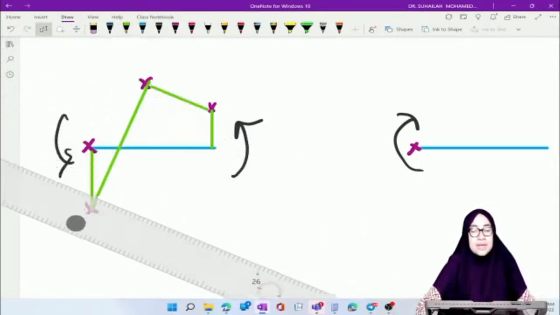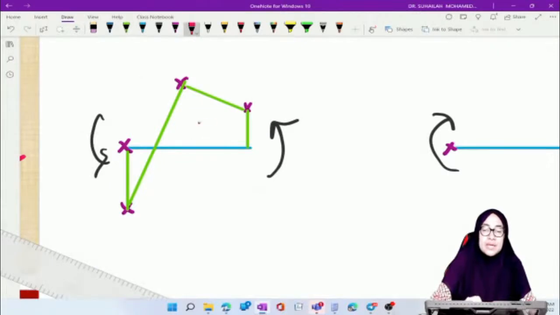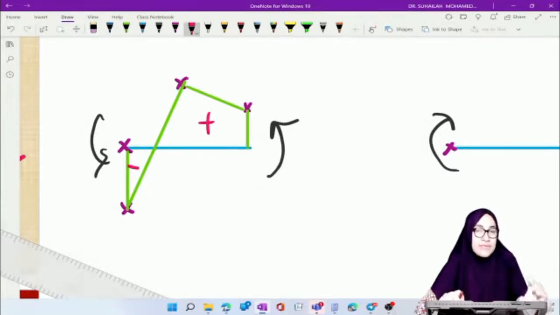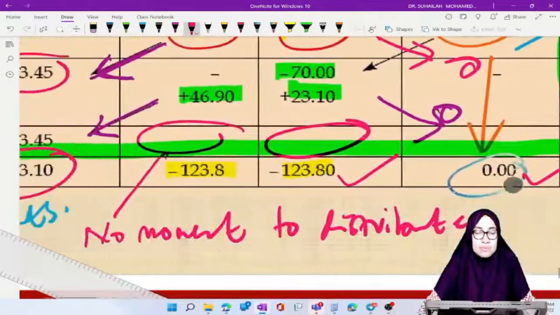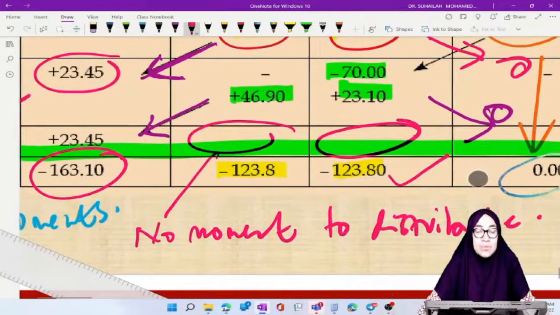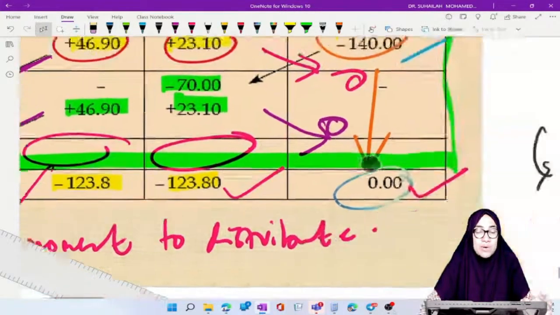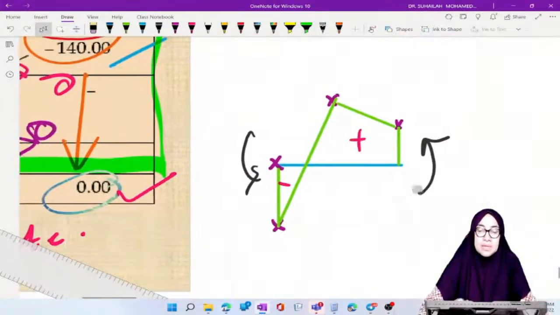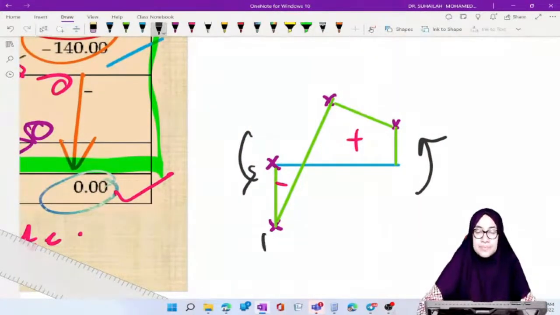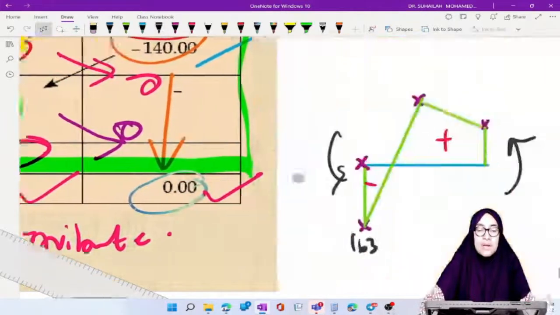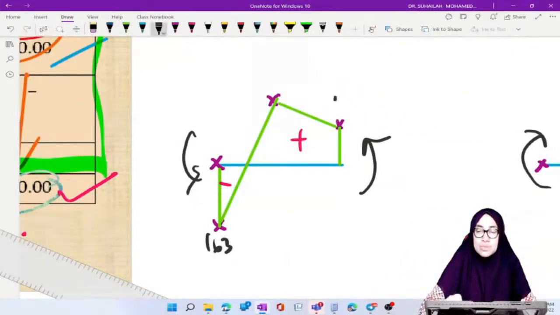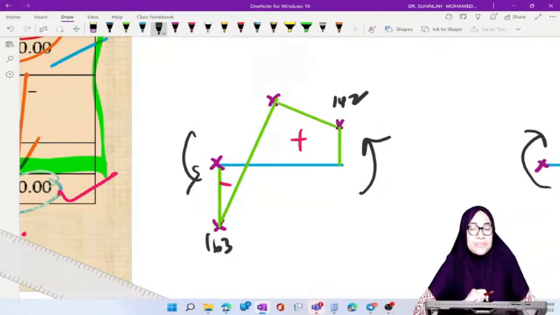So we get this as positive, this is negative. The values we take from the table: negative 163, here is 163, and negative 124, so this is 124.